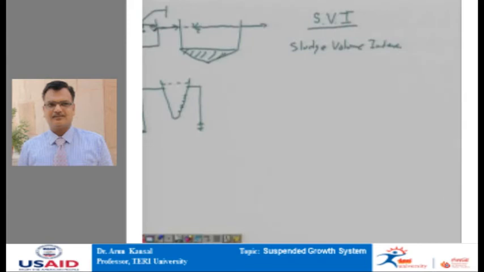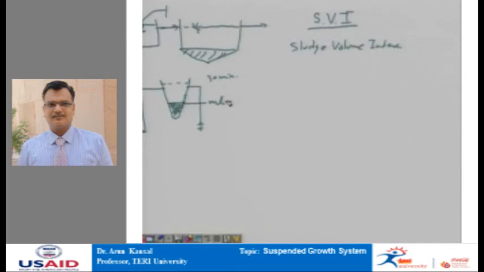So, we take 1 liter of water from the aeration tank, put it in an Imhoff cone and allow the solids to settle for about 30 minutes. After 30 minutes, we will observe that some volume of the Imhoff cone is occupied by the settled sludge and the remaining portion is clear supernatant. We measure this volume in ml.